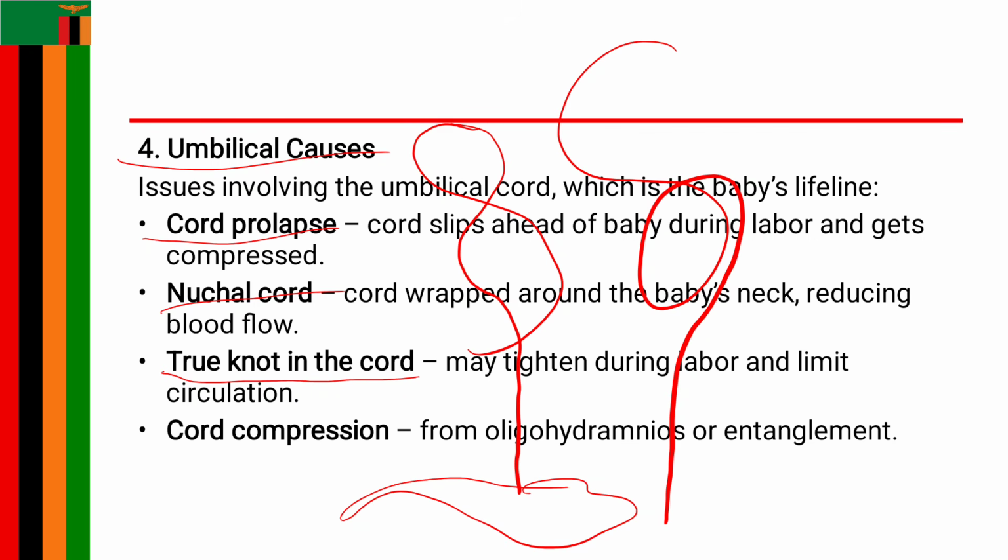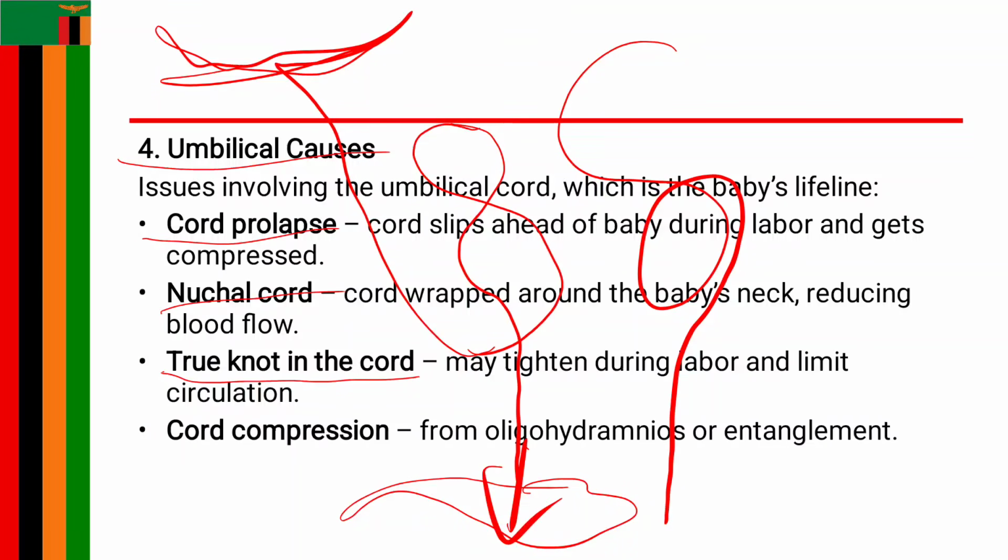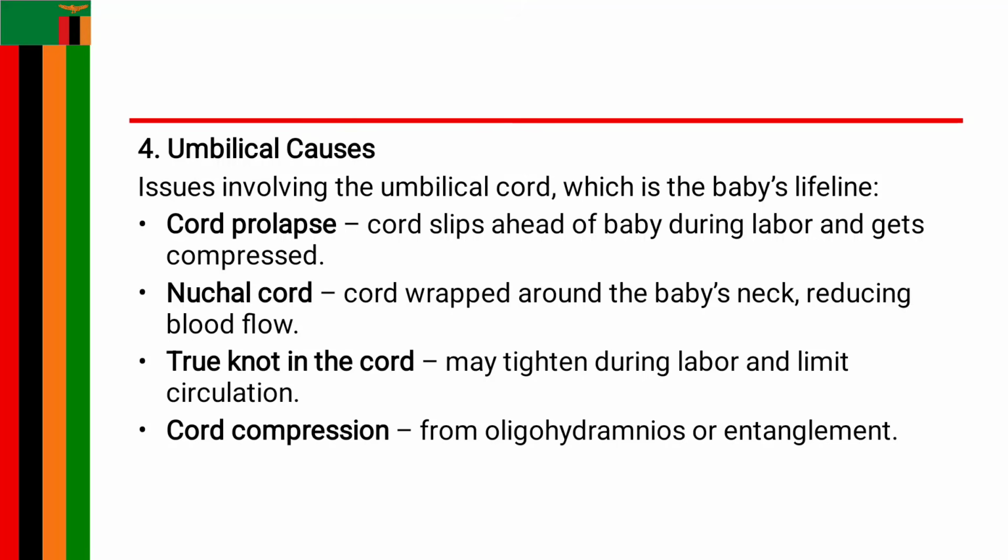But then as the baby descends, remember this part is attached, coming from the uterus. So as the baby descends, this knot will become a complete knot, like a shoelace, because the baby is descending, the baby is trying to come out, and that is going to tighten the umbilical cord, cutting circulation completely between the mother and the fetus, and this is what may result in asphyxia.